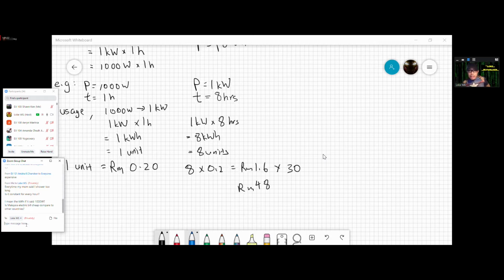Someone asked, is Malaysia's electric bill cheap compared with other countries? I don't know how you're gonna compare, because it's very hard to compare with other countries, because of the currency. What I'm trying to say is, like Malaysia petroleum. Now 1 liter of petroleum is RM1.50 over. So for us, RM1.50 per liter.